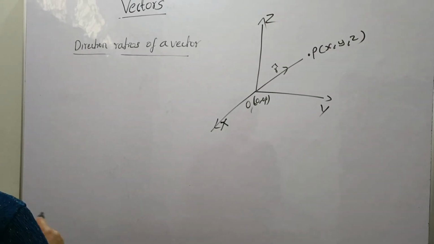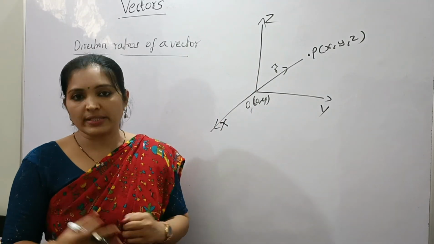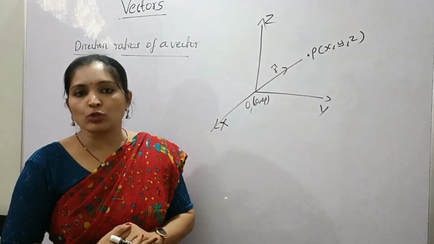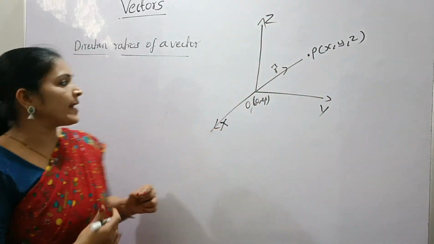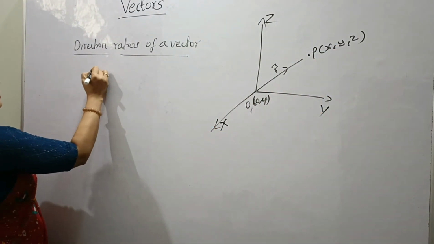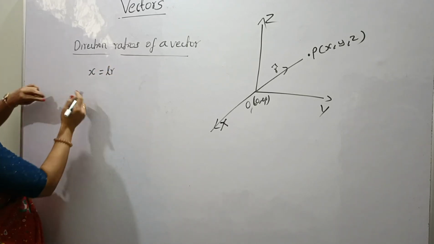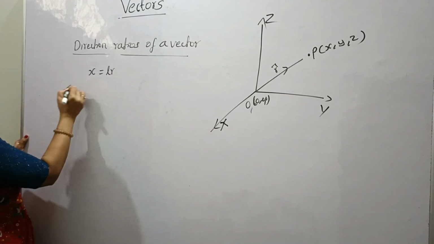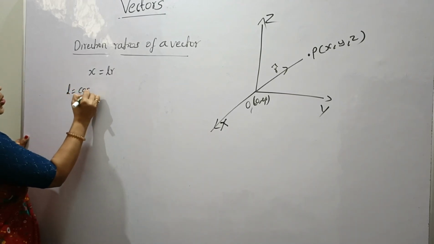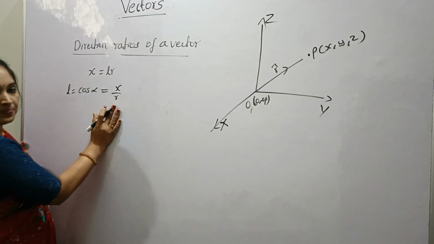Direction ratios of a vector. In xyz space, P is any point P(x, y, z), and vector OP is the position vector. Here we know that x is equal to lr, because in our last topic, direction cosines of a vector, we have l equal to cos alpha, and cos alpha is equal to x by r.